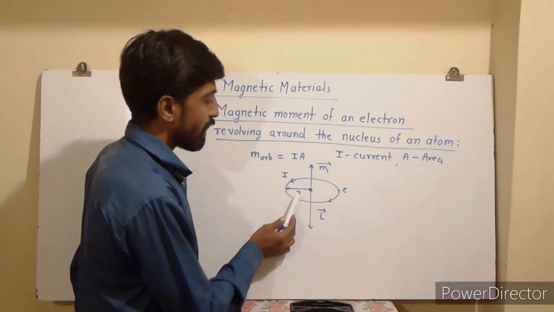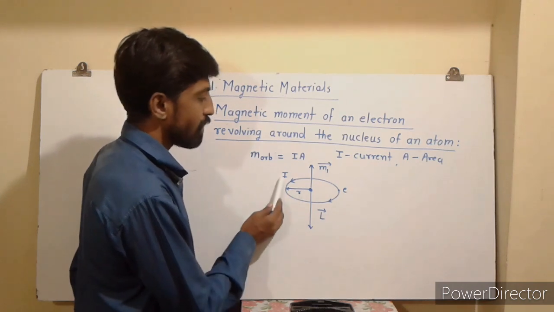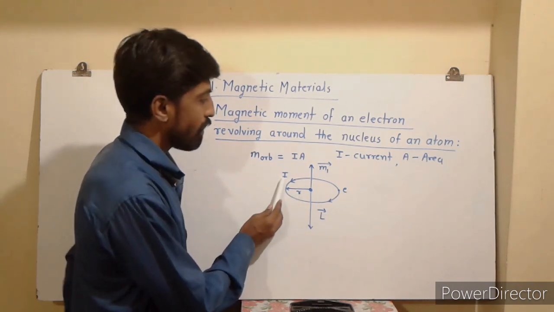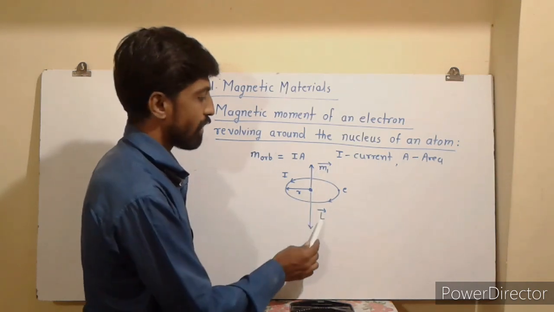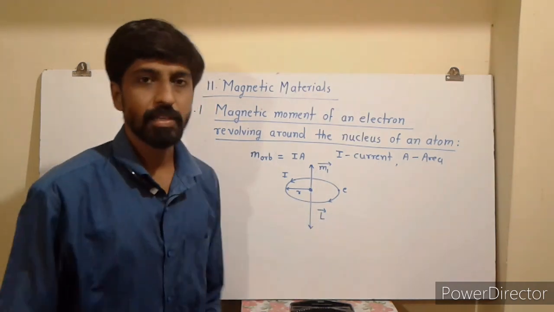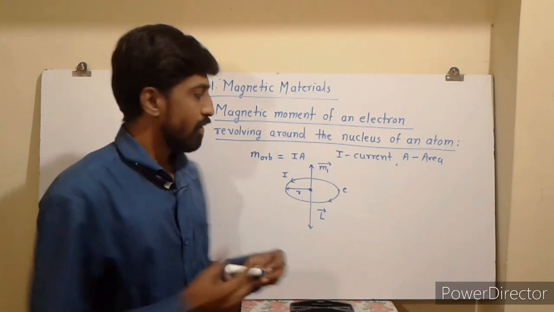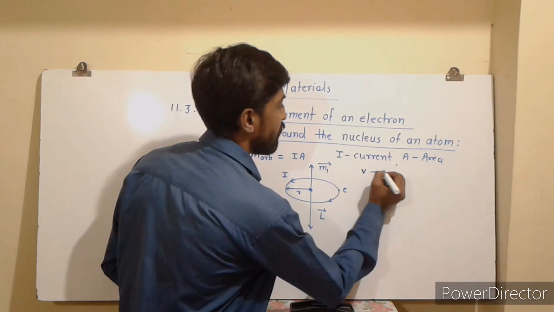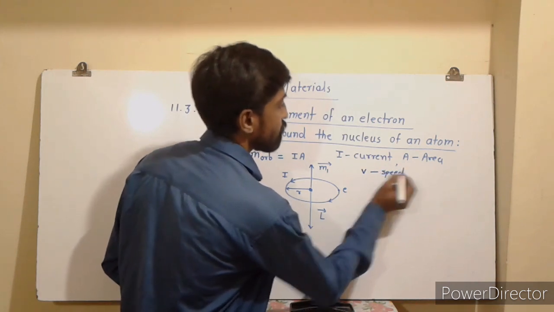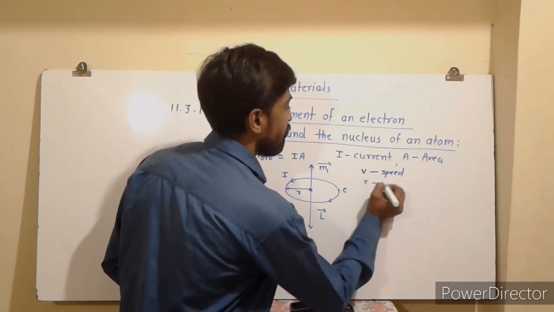The orbit has radius small r. This is the current I. This is the magnetic moment, and this is the angular momentum. So here we know that the electron is revolving with constant speed v. r is the radius.